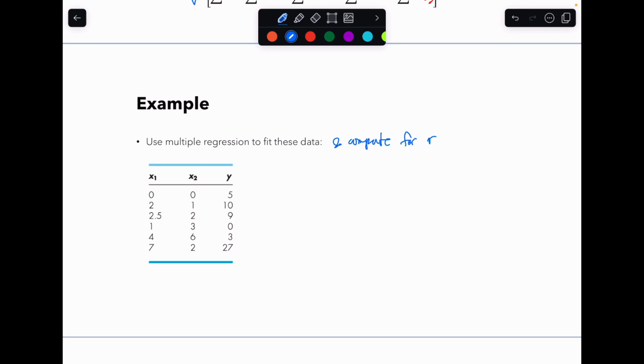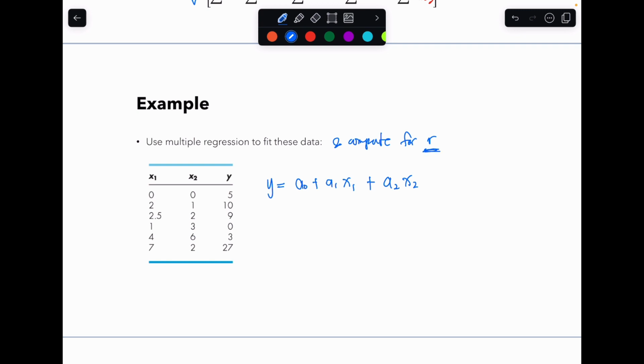So there are 6 data sets. We want to find y equals a sub 0 plus a sub 1 x sub 1 plus a sub 2 x sub 2. So we just need to find a sub 0, a sub 1, and a sub 2. And then later on, we compute for r, the correlation coefficient.